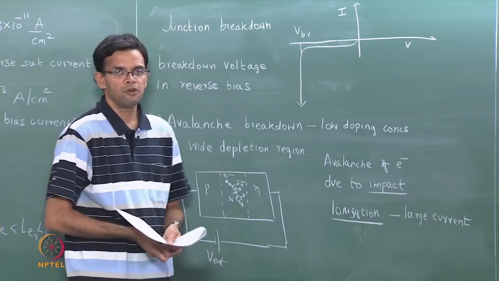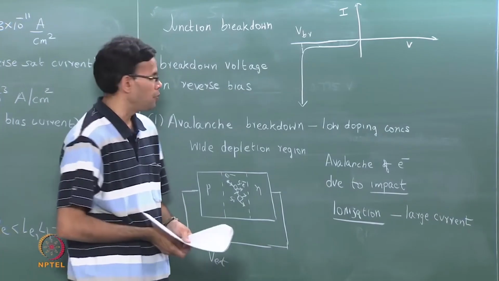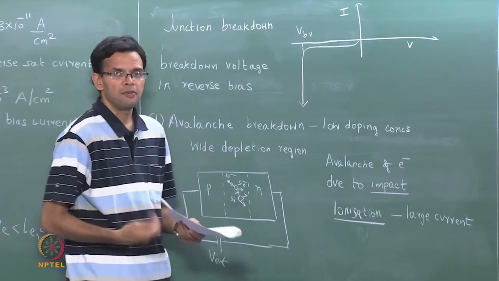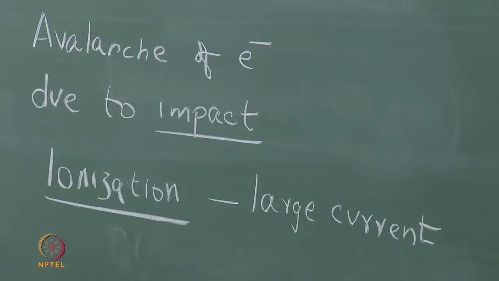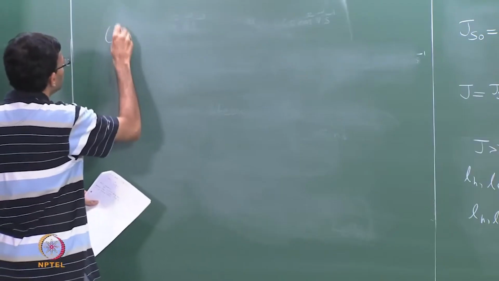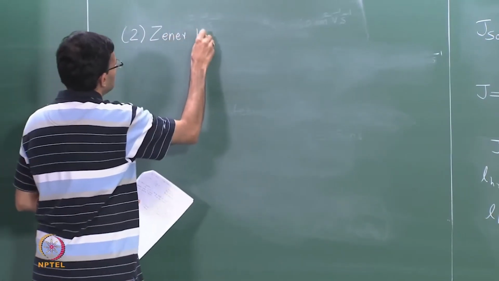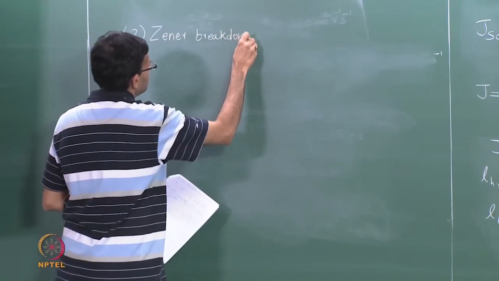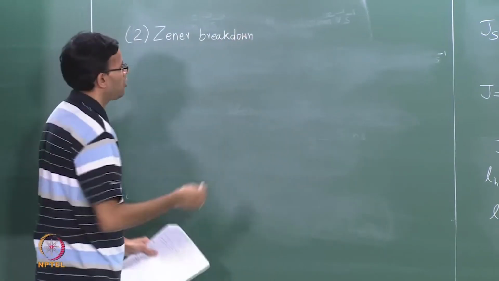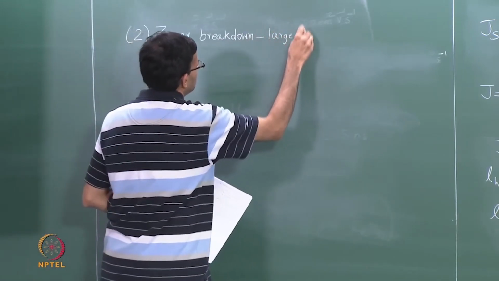So, one mechanism of breakdown is called the avalanche breakdown. It occurs at low doping concentrations. Another mechanism of breakdown is called the Zener breakdown. So, the Zener breakdown occurs at large doping values.